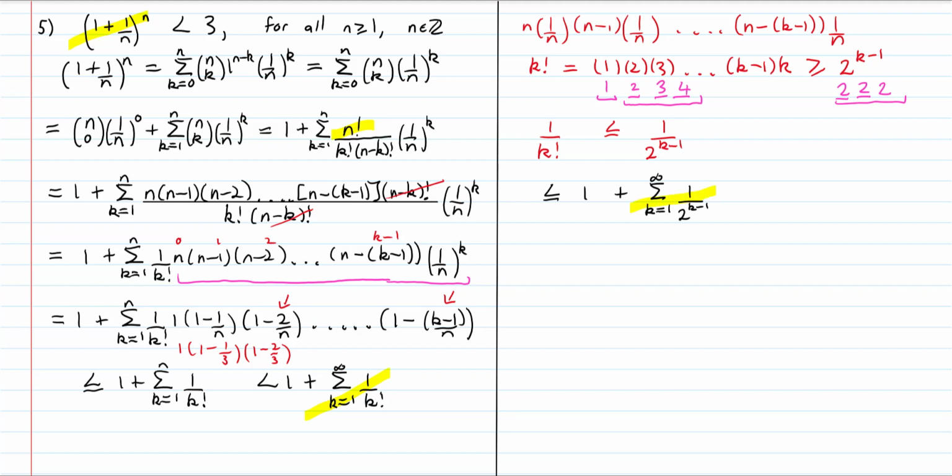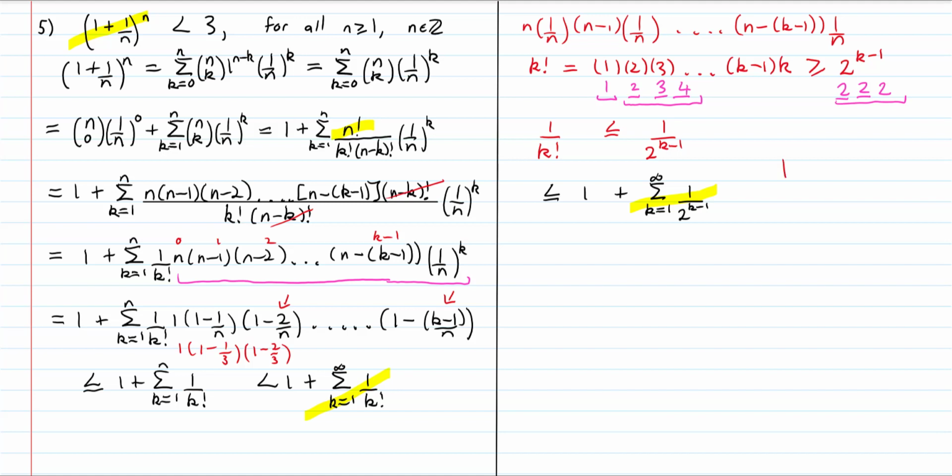Looking at this term, we can see that's an infinite geometric series with common ratio 1 over 2. And we know for an infinite geometric series, if the absolute value of the common ratio is less than 1, then we can find its sum.